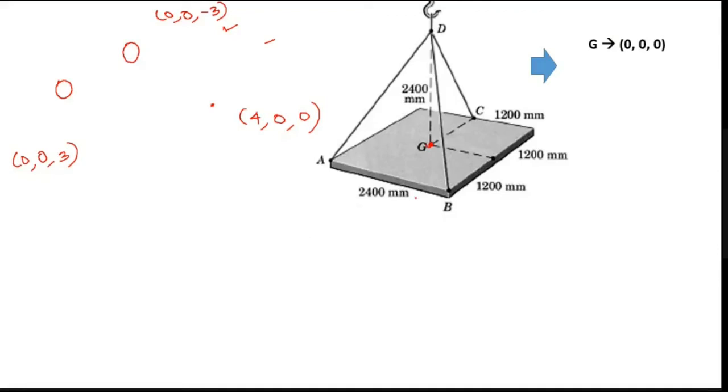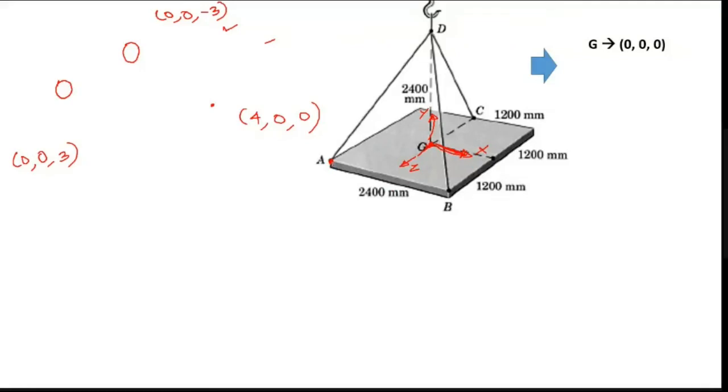Right? In that case, what is your A? So let me consider this as the x-axis. This is my y-axis, right? And this one is the z-axis. Okay. So what is the location of A?